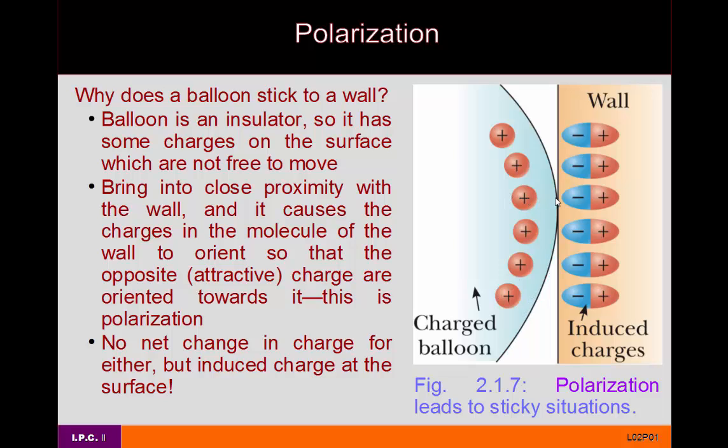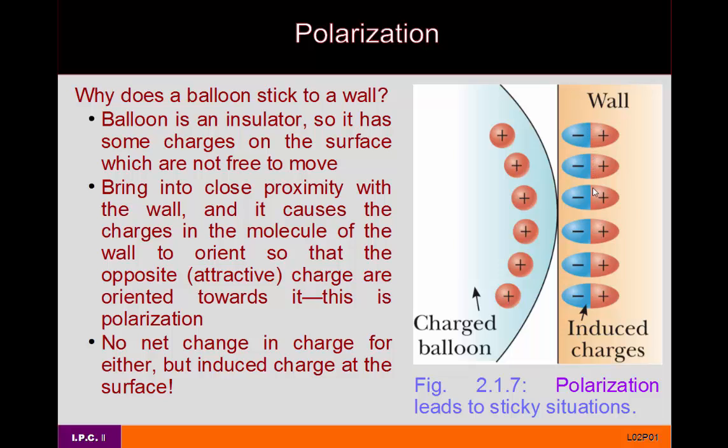As it's brought near to the wall, the result is that the wall is going to get an induced charge polarization. Polarization basically means that you have a pair of charges, one negative, one positive, separated by some distance.